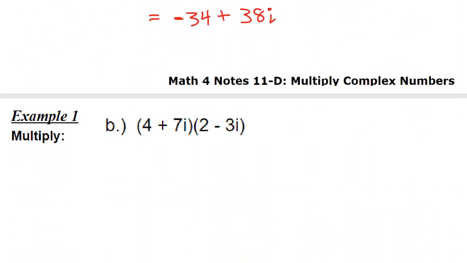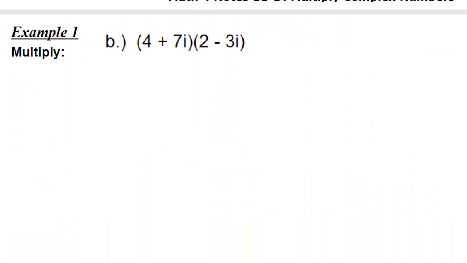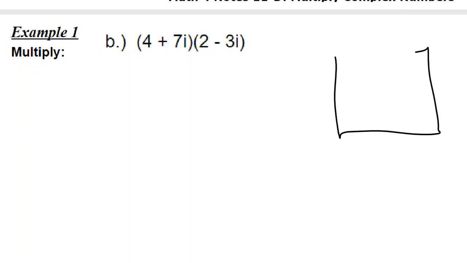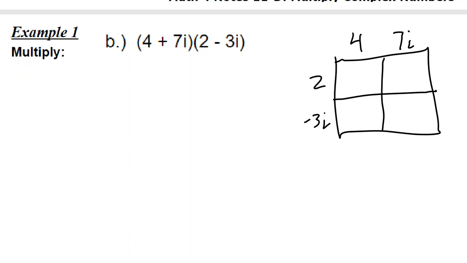Now, let's try another one just like it, but this time it's got a negative involved. We're going to create our box again. We're going to say 4 plus 7i and 2 minus 3i. And by the time that I start multiplying, 2 times 4, 2 times 7i, -3i times 4, -3i times 7i. That's going to give us -21i squared.